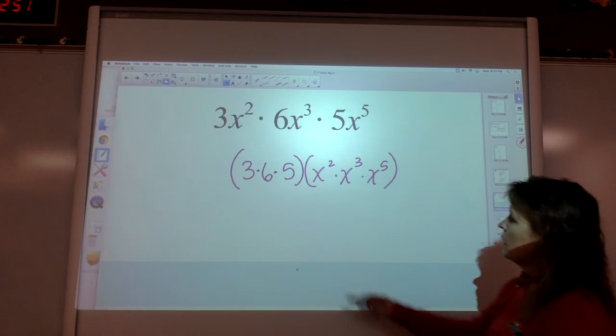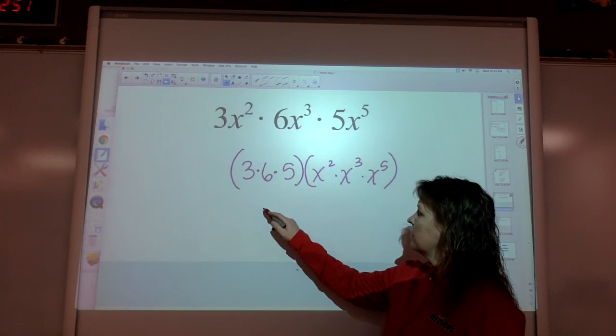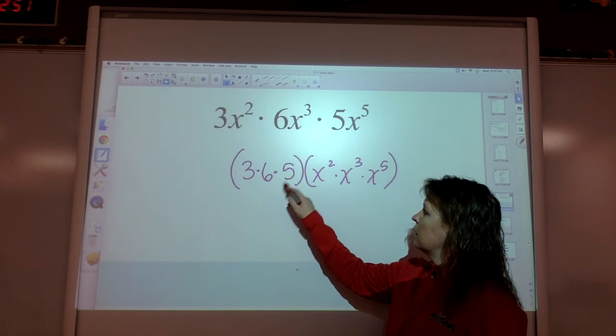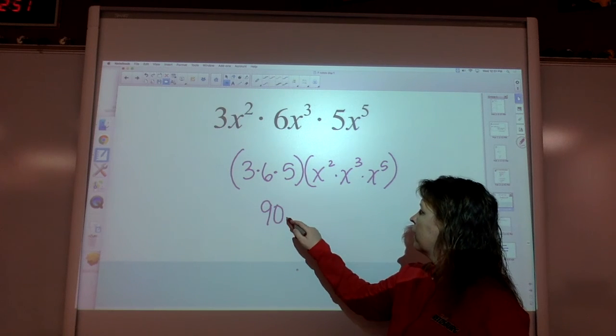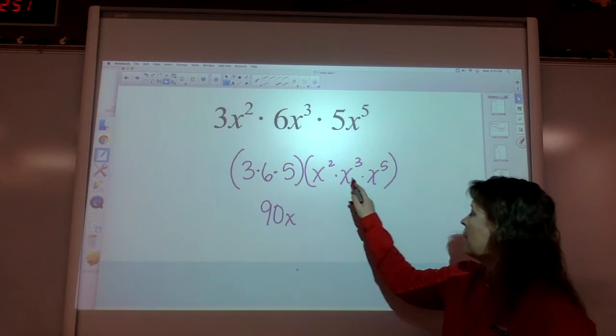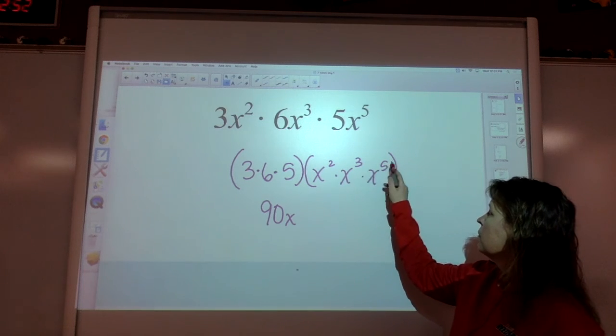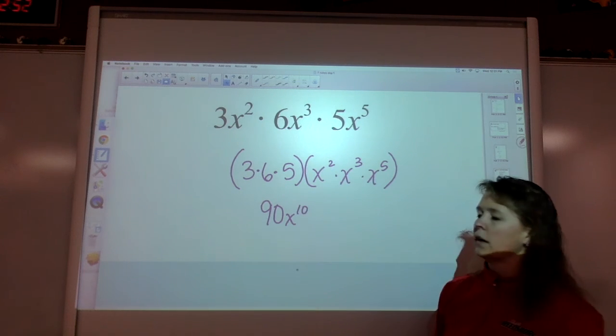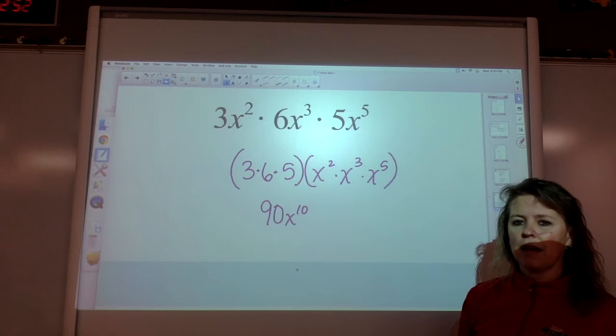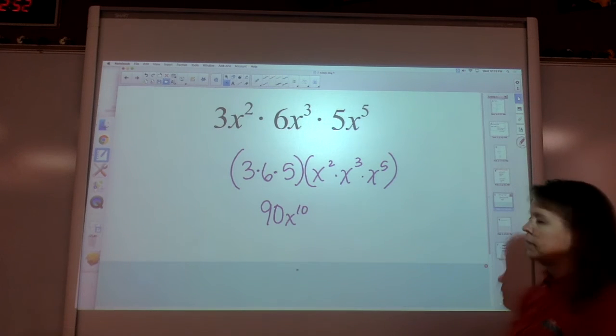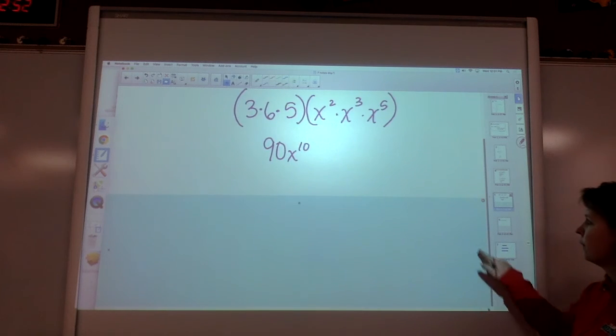First community, 3 times 6 times 5, probably about 90. Keep the base, they all happen to be x's. 2 plus 3 plus 5 is 10. 90x to the 10th. Done. Leave it at that.